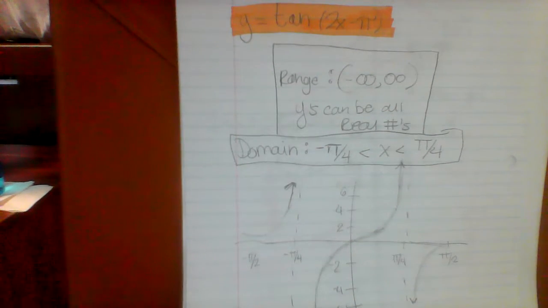The next problem is number 79, and it asks for the domain and range, the graph, of y equals sine inverse of sine x, and of y equals sine of sine inverse of x.